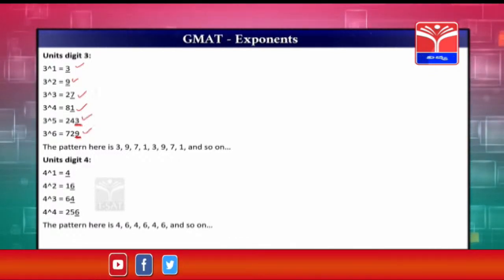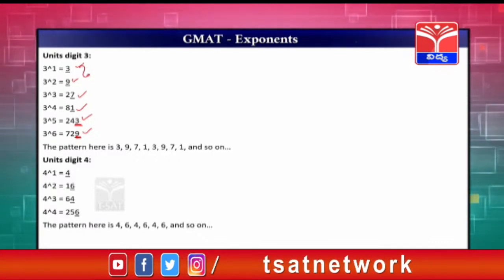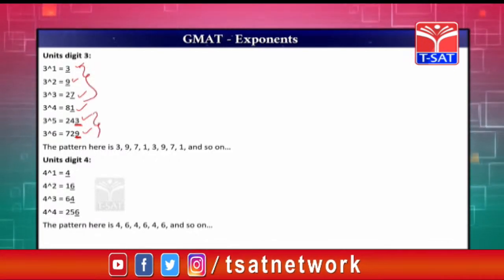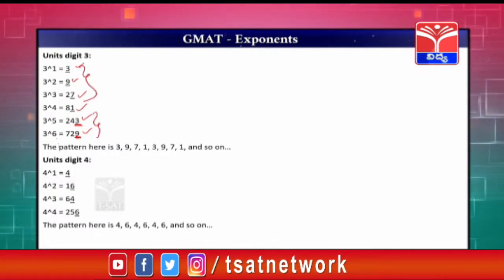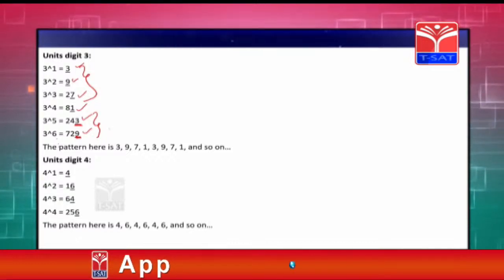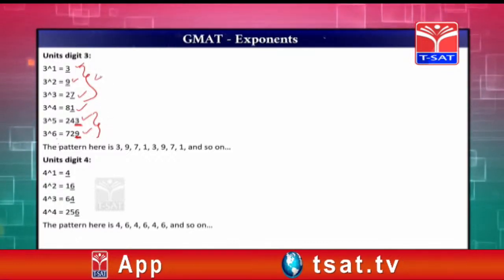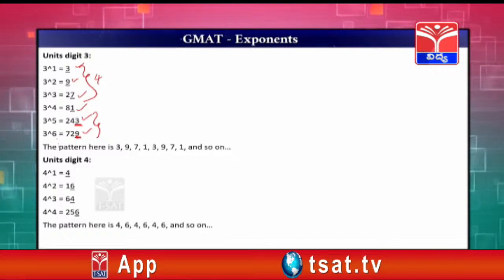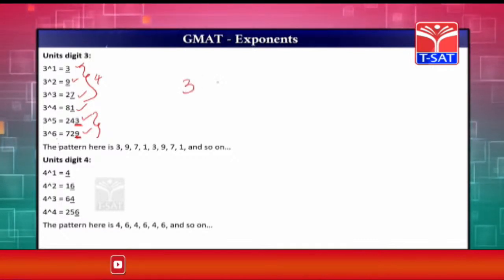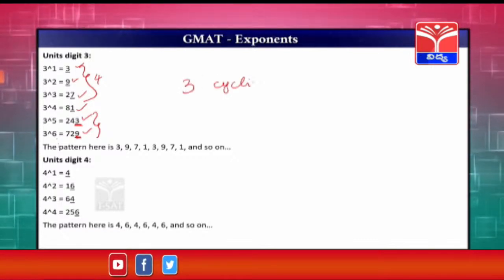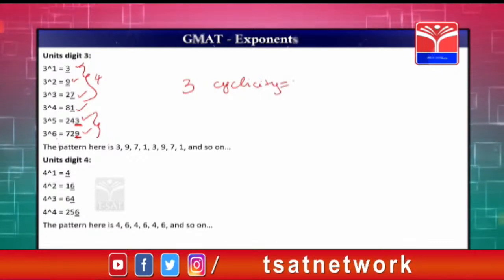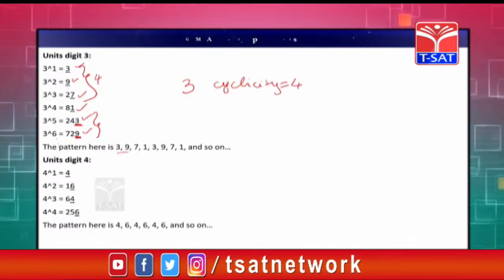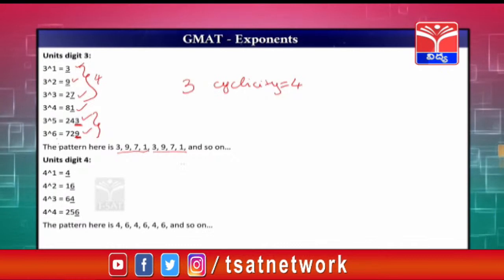You look at the pattern: 3, 9, 7, 1. If you go further, 3 to the power of 7 and 3 to the power of 8, you will see that the units digit repeats itself after every 4 times. So 3 also has a cyclicity of 4: 3, 9, 7, 1. This is how it's going to repeat itself.